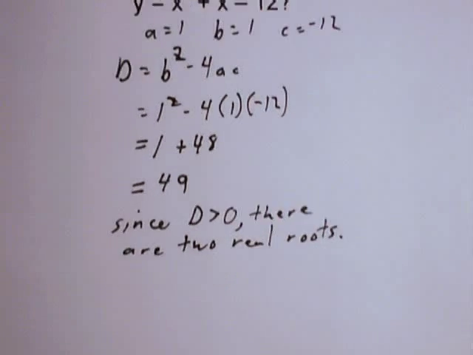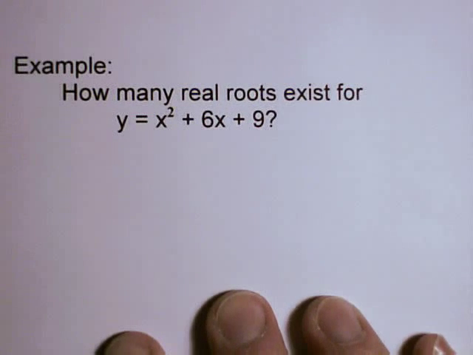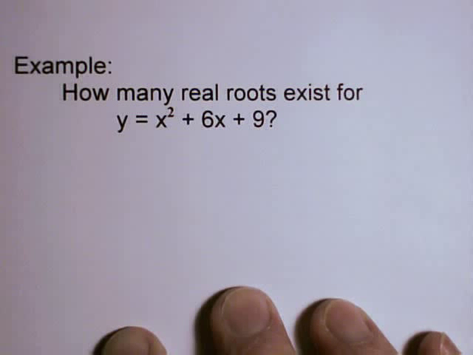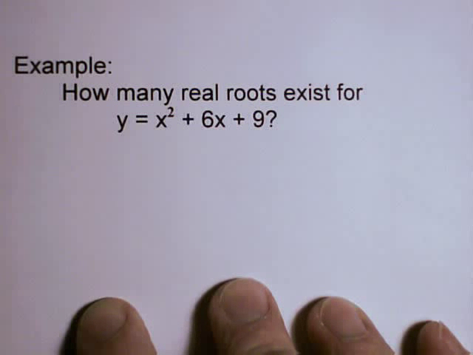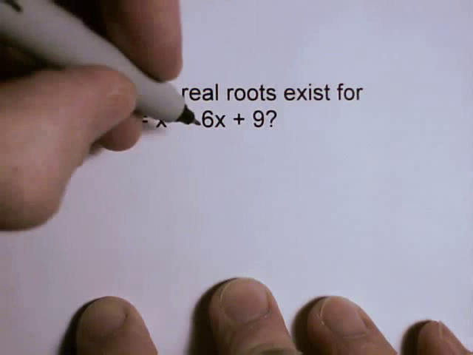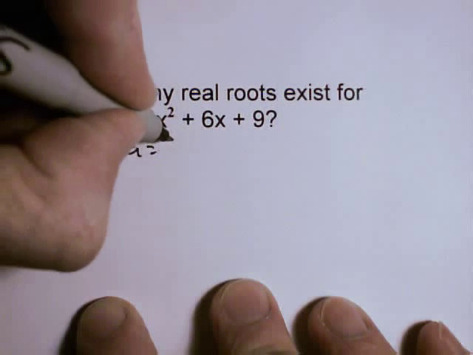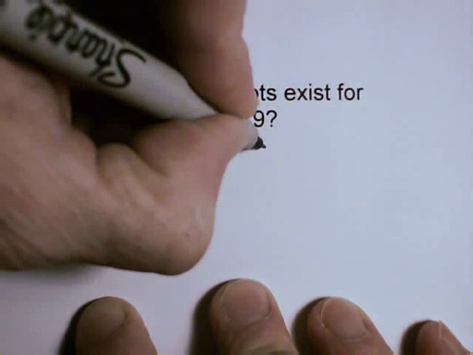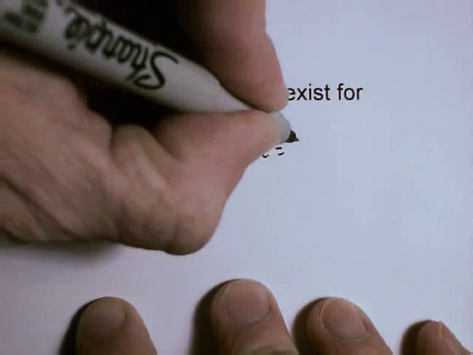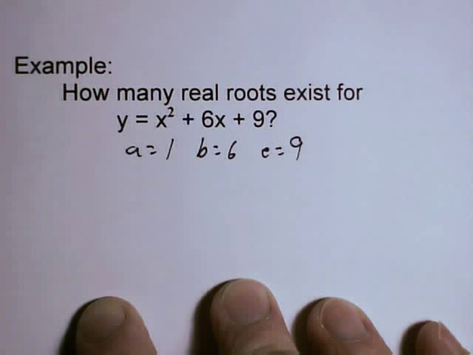Let's do another example. How many real roots exist for y equals x squared plus 6x plus 9? Again, let's just write out the a, b, and c values. And now I'm just going to plug them into b squared minus 4ac.